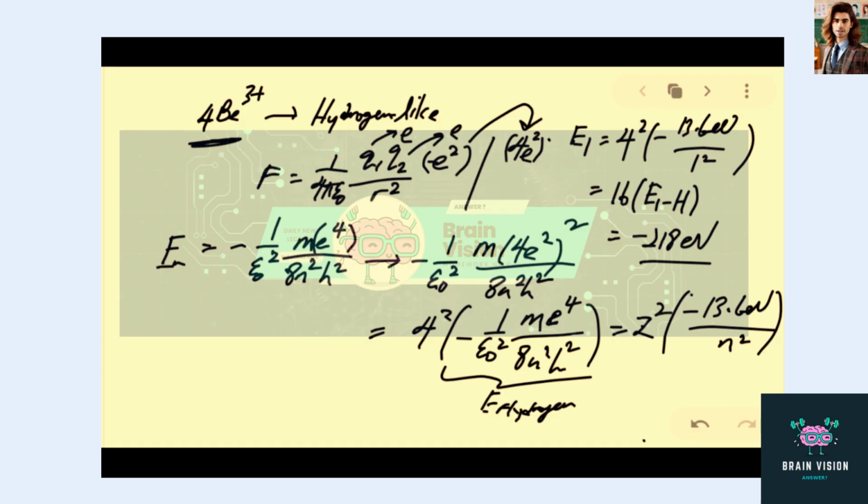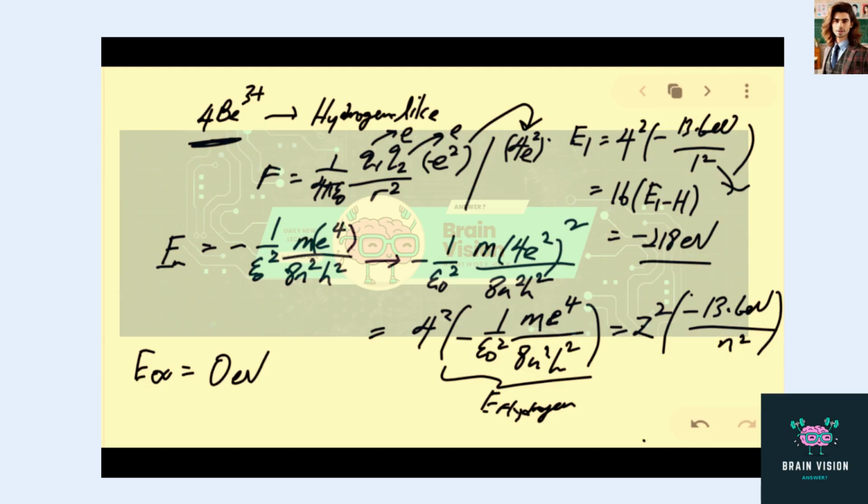Now for the next part of this question, we want to find the ionization energy for beryllium. The ionization energy is when n goes to infinity. And we see that when n goes to infinity, our energy will go to 0, which is the same as our hydrogen. This is because the reference point is always at the ionization energy level. So if we are referring to the same reference level, they will have the same energy of 0 eV.